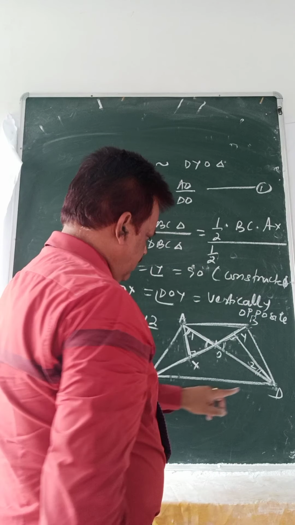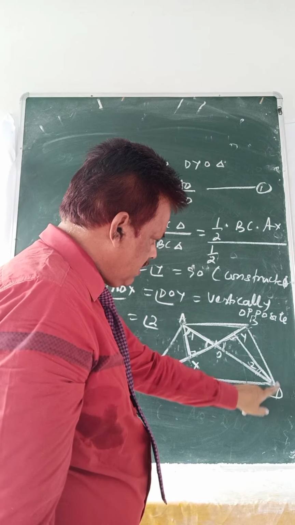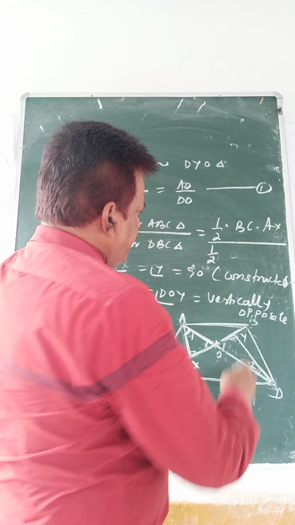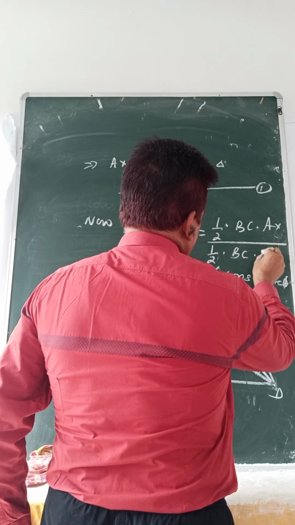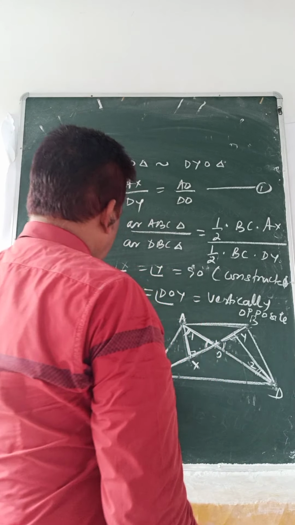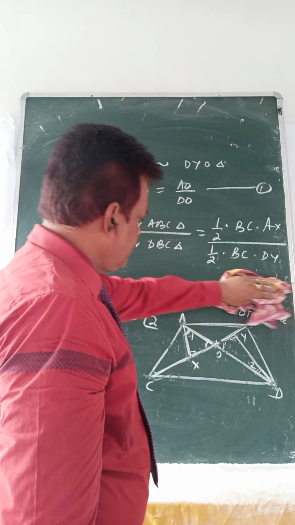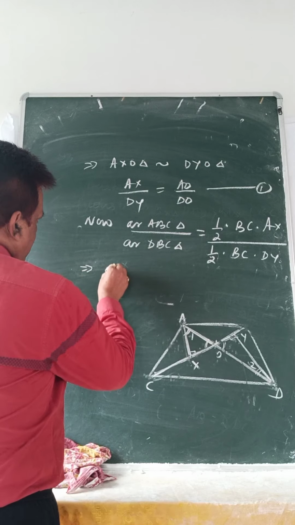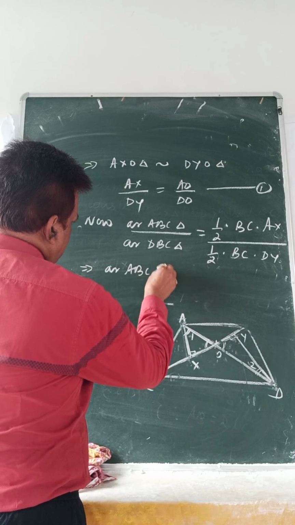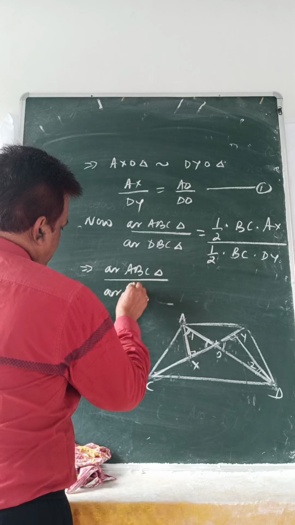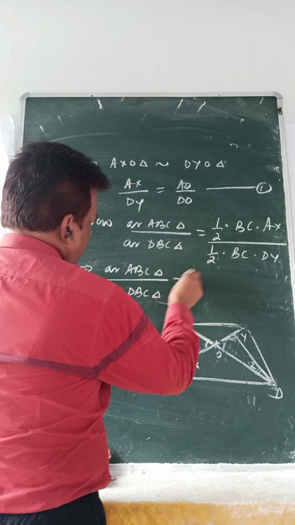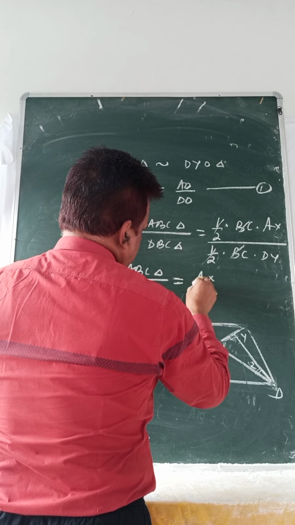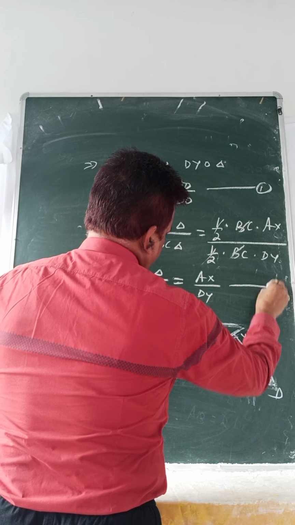Again for DBC, half base, height is DY, because this is perpendicular. Half BC into DY. So area of ABC by area of DBC, BC cancelled, is AX by DY, equation number 2.